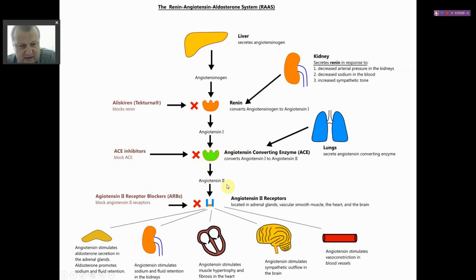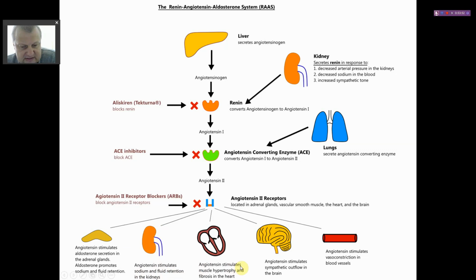Okay, and angiotensin 2 binds with its receptors and causes, for example, stimulation of aldosterone secretion in the adrenal glands. And aldosterone promotes sodium and fluid retention, reabsorption. Sodium reabsorption, as I said earlier, potassium and protons excretion. Next action, angiotensin stimulates sodium and fluid retention in the kidneys, as I said.